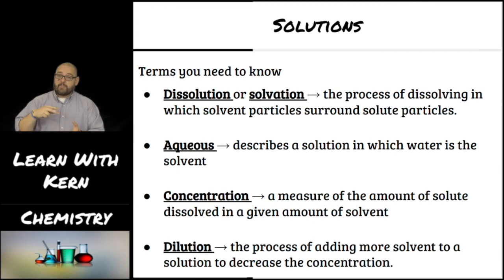Now, if I add a whole bunch of solute and get it to be a really concentrated solution, then in order to get it to be diluted again, I have to dilute the solution. And so I go through the process of dilution. Dilution is adding solvent so that you will change its concentration. And again, we will talk more about concentration and dilution in another video in the future.